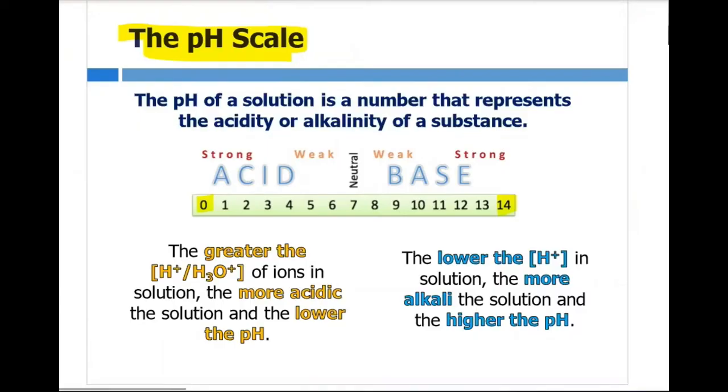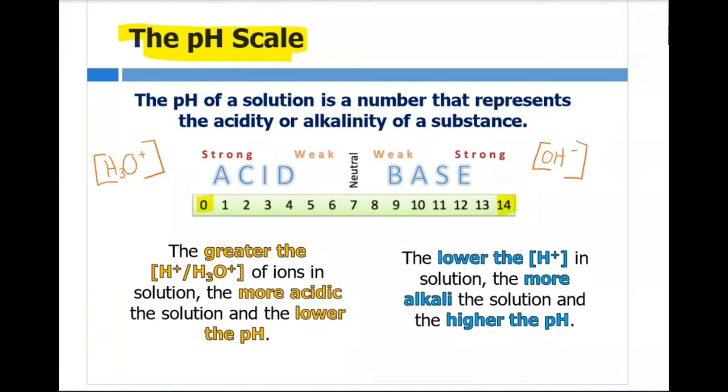And how I explain this to my students is the following. We know that acids, what is the ion that is present when we want to prove that an acid is there? We know that that is hydronium ions. For a base, it is hydroxide ions.